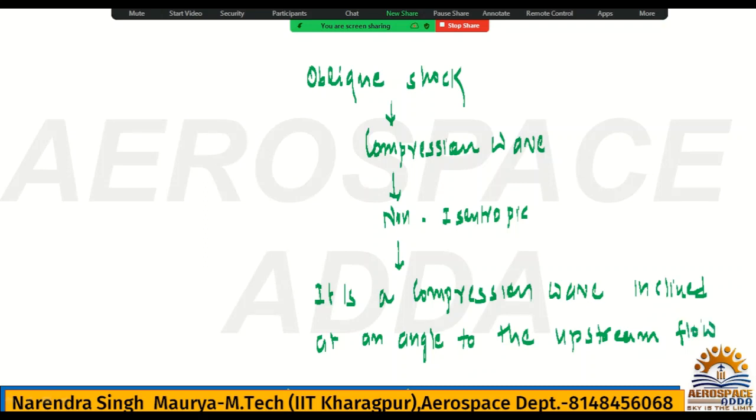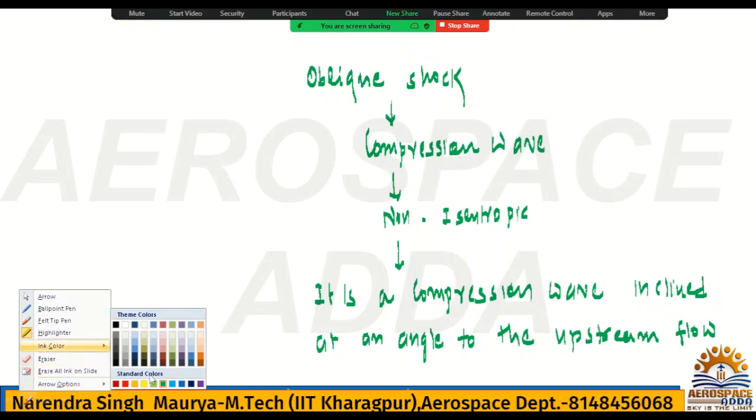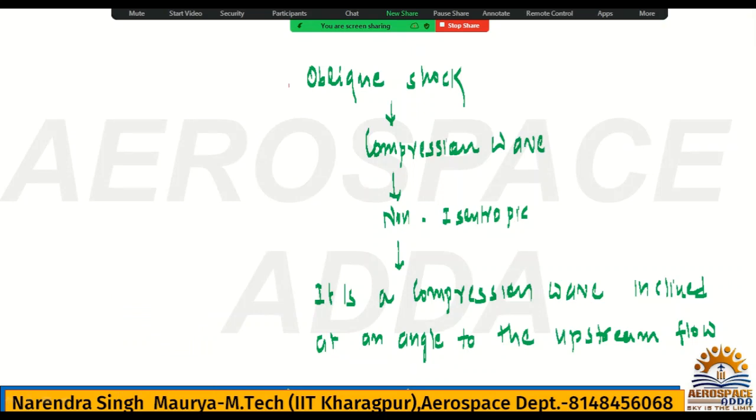I explained what upstream and downstream are last class, yes or no? So this is all about oblique shock. If I say non-isentropic, it means all the isentropic relations we have cannot be applied across the oblique shock. That's the meaning of it.